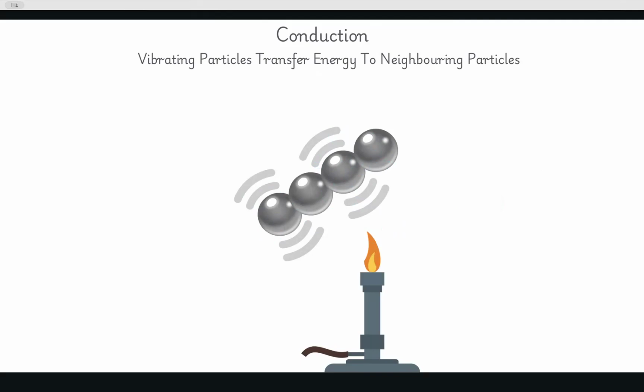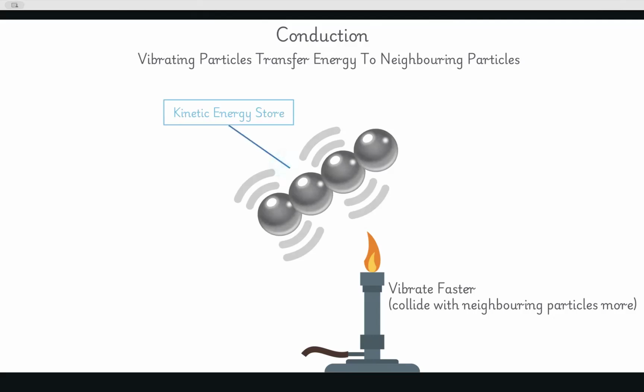They start off on one end, which causes them to vibrate and collide with their neighboring particle with more energy, and then eventually the whole metal heats up. So it's through the collisions with the neighboring particles that this happens.